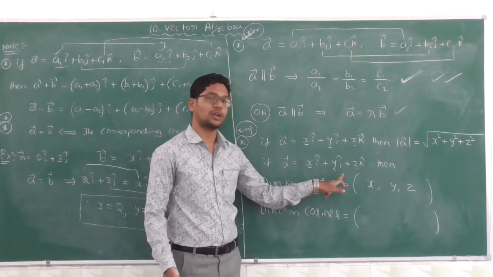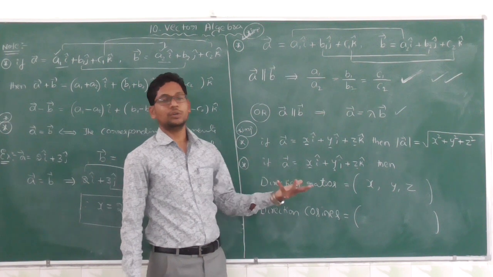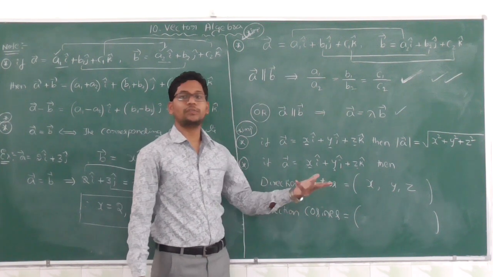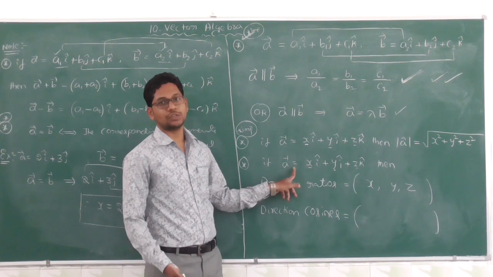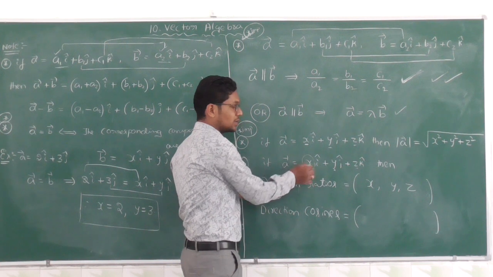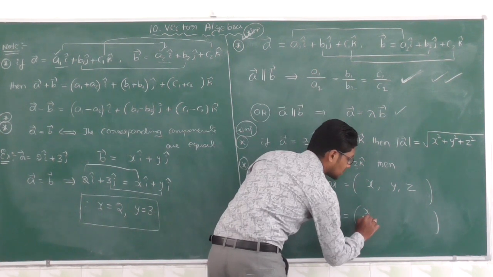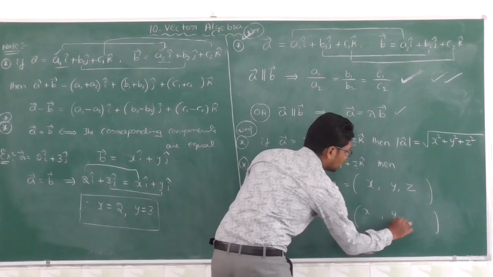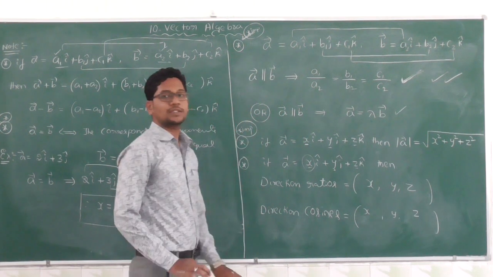Here we have the vector. For angles we know the direction cosines are cos alpha, cos beta, cos gamma. Then here we have the vector. How to find the direction cosines? See, here we have x, the scalar component of i, next y, z.